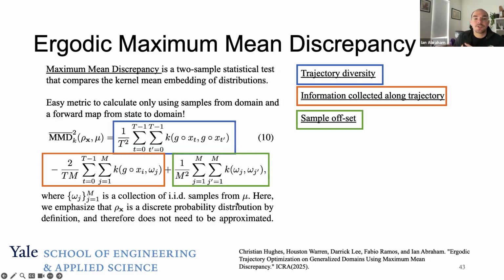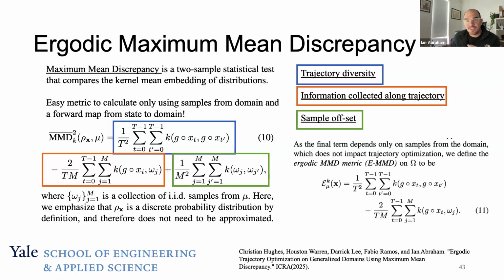However, you don't need that for your time average trajectory statistics, because IID samples are only useful if you have to approximate your distribution. We specify the time average trajectory statistics exactly, so we don't need IID samples. When we plug it back into the expression, the last term doesn't mean anything. We have a very clean definition of this ergodic MMD metric, which we use for optimization.